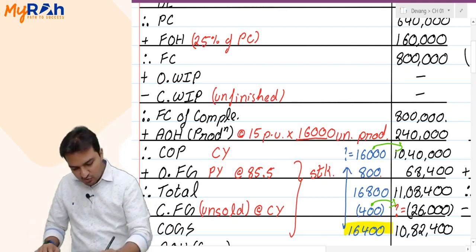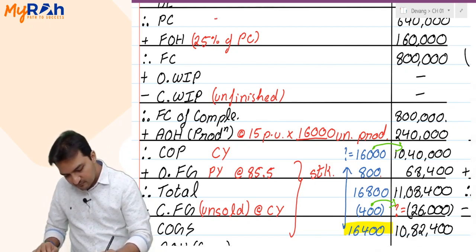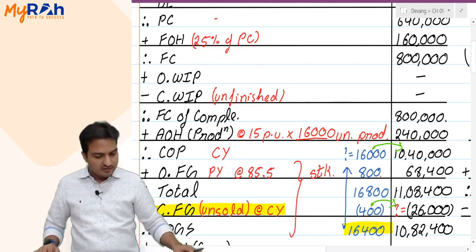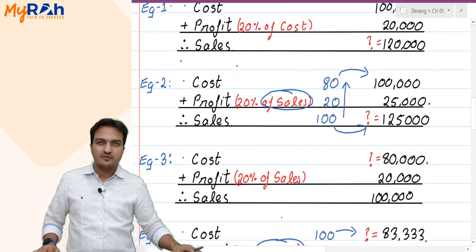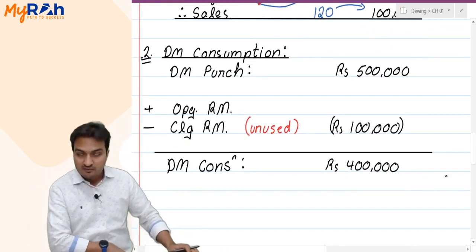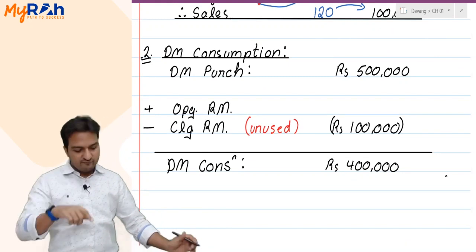Similarly, unsold finished goods were also removed over here. Similarly, unused material is also supposed to be removed, but that unused material removal I did not show in the cost sheet format. I will show that over here.